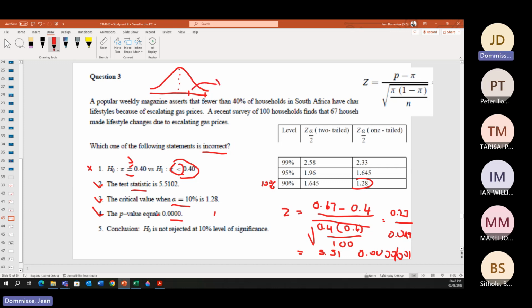So anything above that, remember, we reject. H0 is not rejected. Okay, so that one is the incorrect one. So remember, everything above is rejected. So that is why this one again will be rejected.